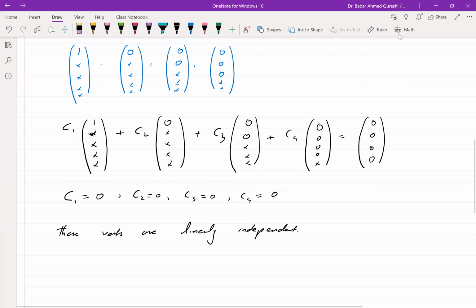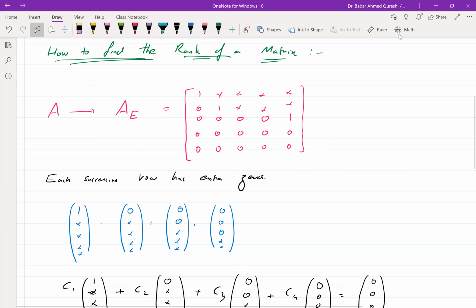So the same thing is happening for your row vectors. Like over here, if I go to the next one, all these entries below it are 0. I have to combine these rows with some constants and make this row.